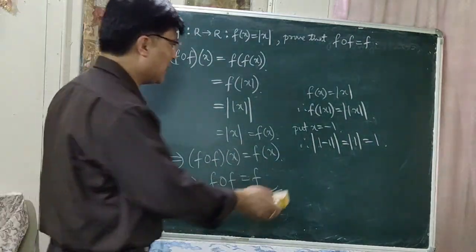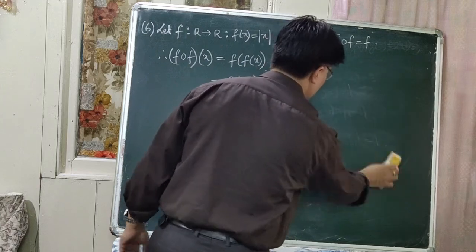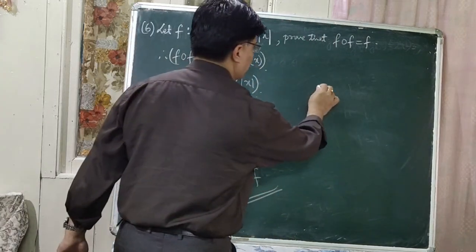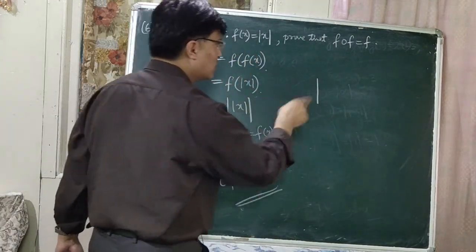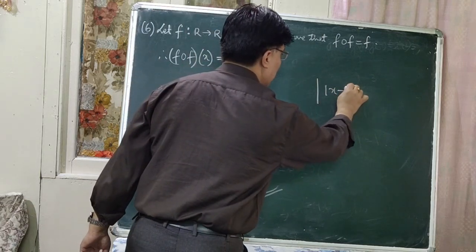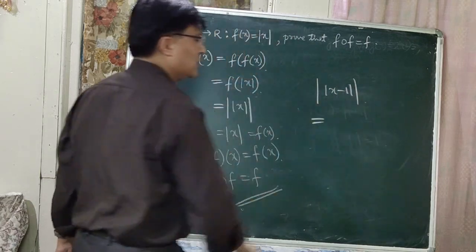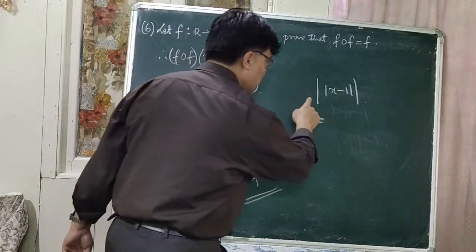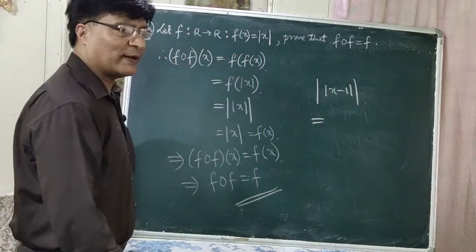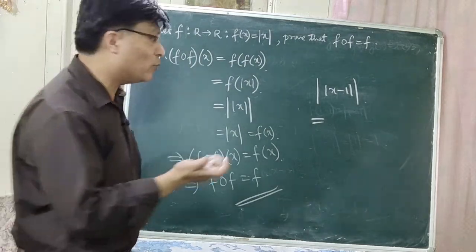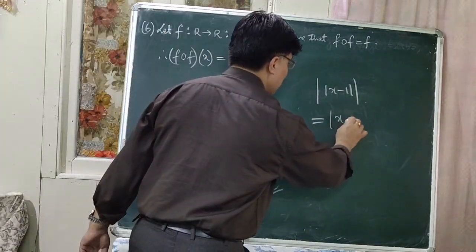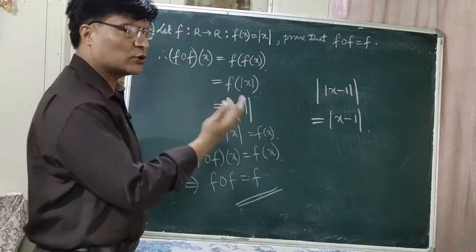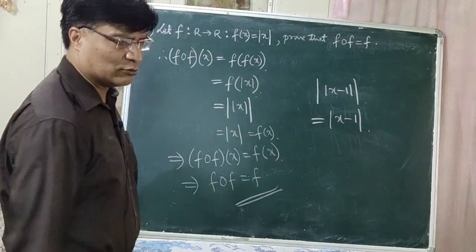You should remember one thing: if within a mod there is another mod of x - 1, this is equivalent to only one mod. If within mod there is another mod x - 1, you have to write only one mod, that is mod of x - 1. So both will give you the same value.